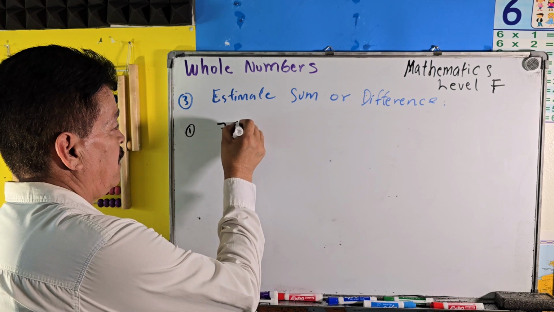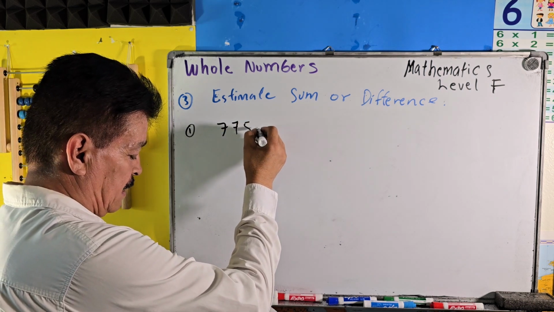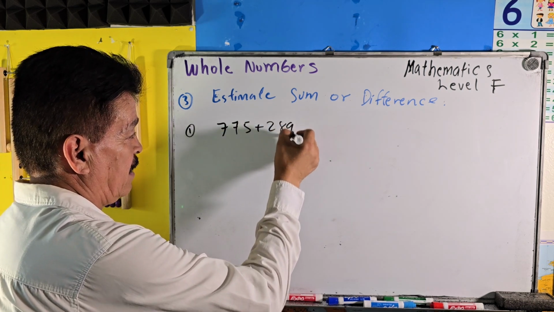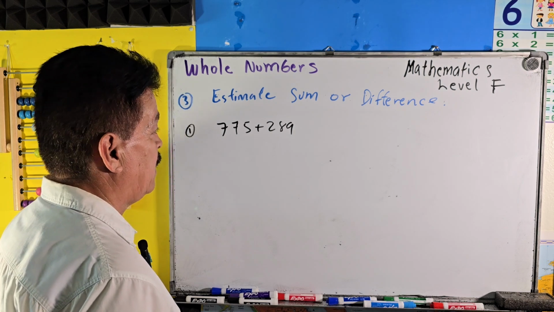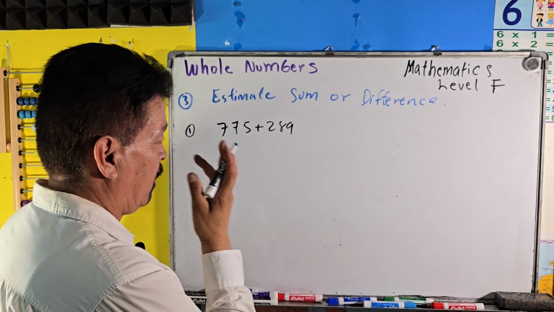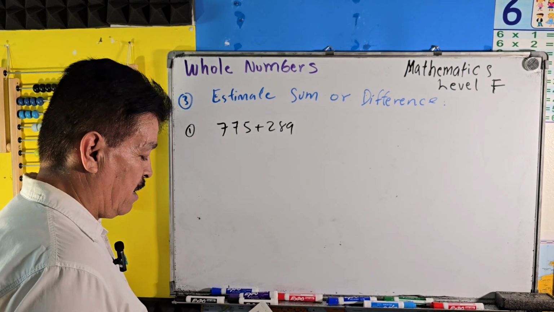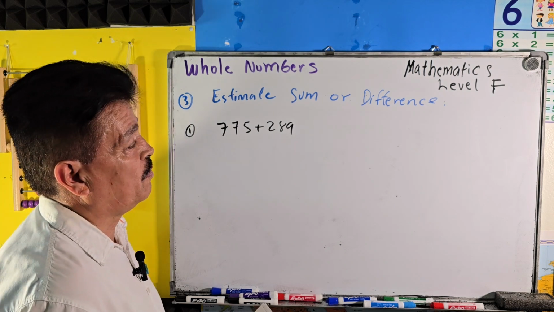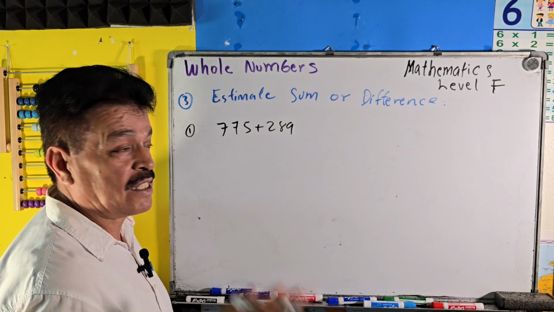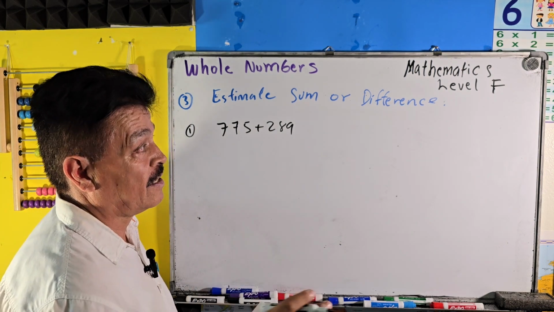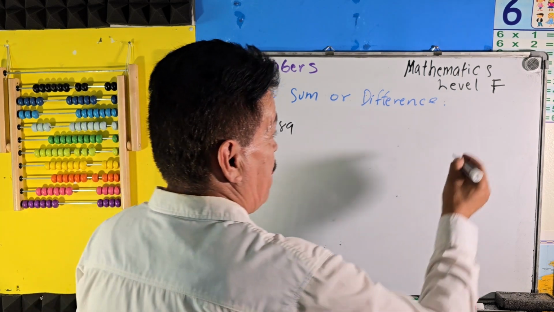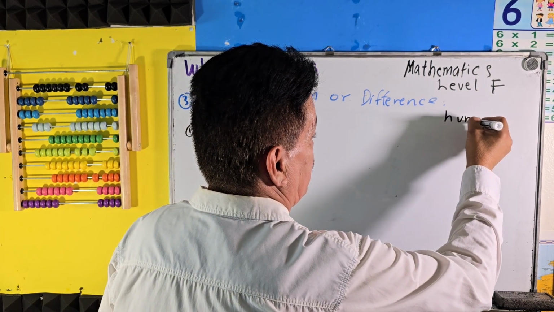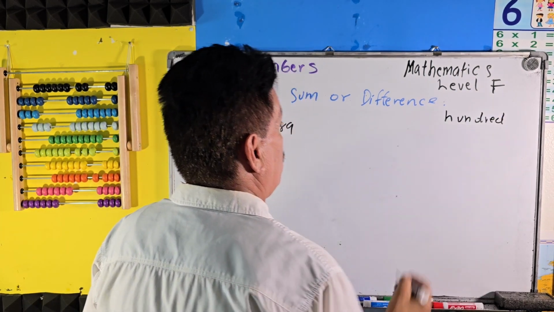We have 775 plus 289. So we have to estimate the sum, not exactly, estimated by hundreds. I told you we use hundreds, not thousands.